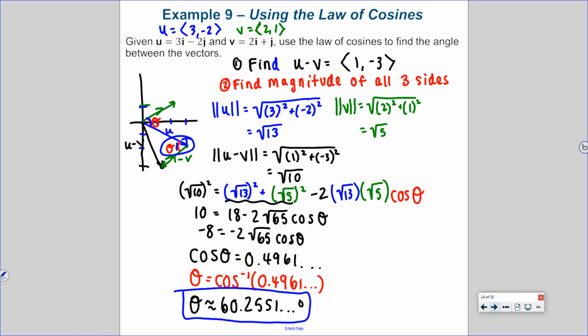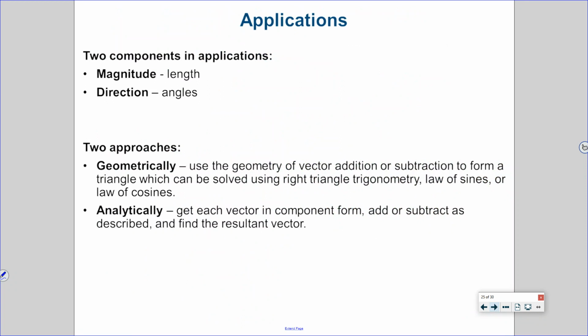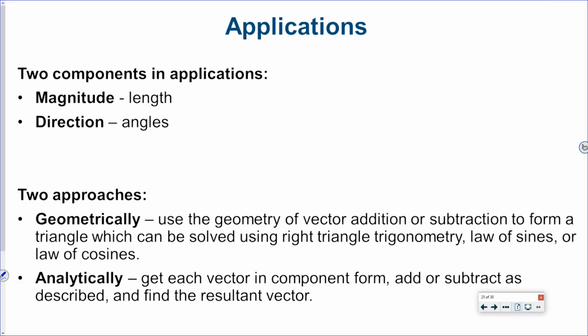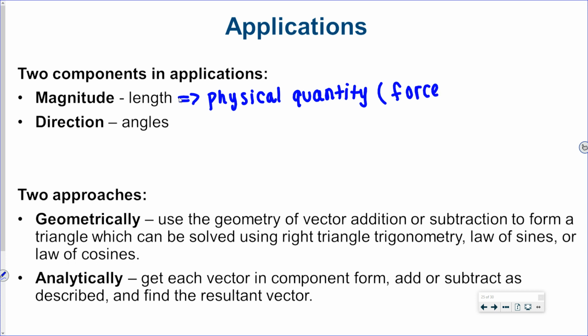Okay, so I broke this down into two components for application problems. Magnitude is sometimes length, but it's basically any physical quantity. You could also represent the magnitude as velocity, or sometimes there's force involved, just a physical quantity. So force, velocity, and then the direction is usually given to us in some type of angles.